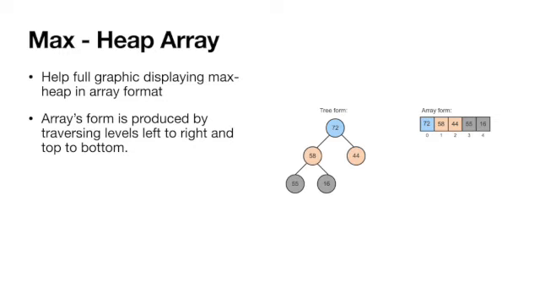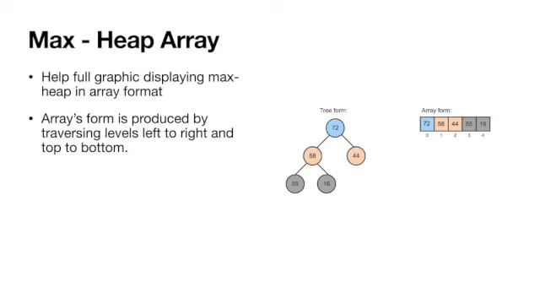How we represent a binary tree as an array, as we can see over here on the right, is a helpful graphic that displays a max heap in the array format. This really helped me personally, because it gave me a visual aid, since at first I struggled with visualizing the tree format in an array form. The array form is produced by traversing levels left to right and top to bottom.